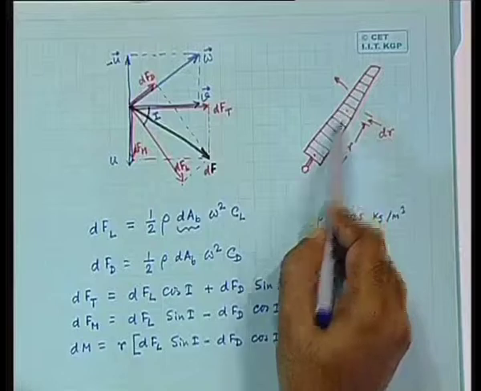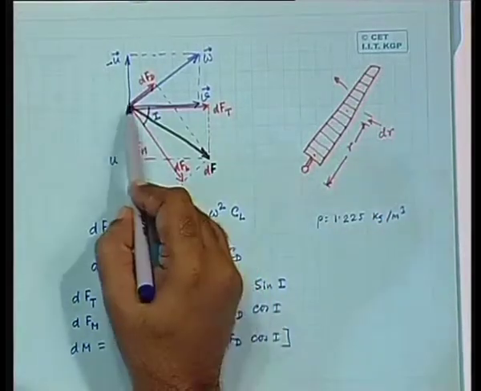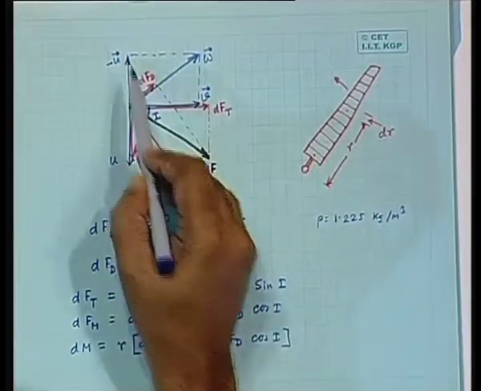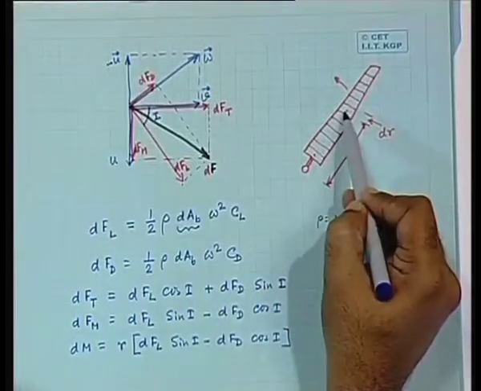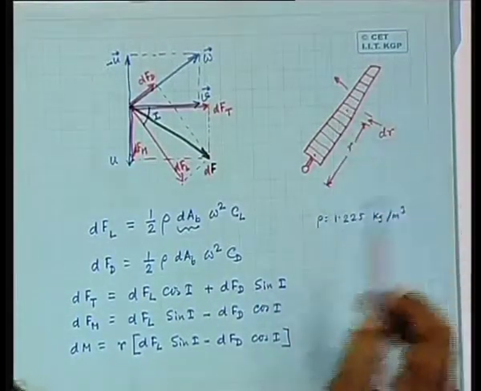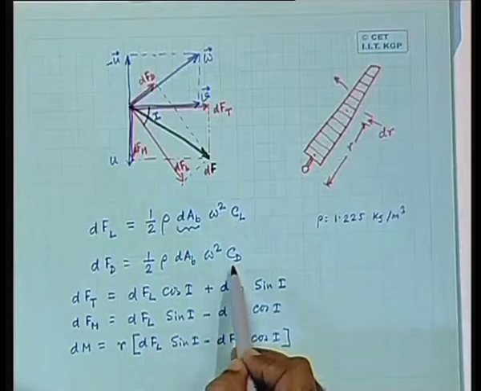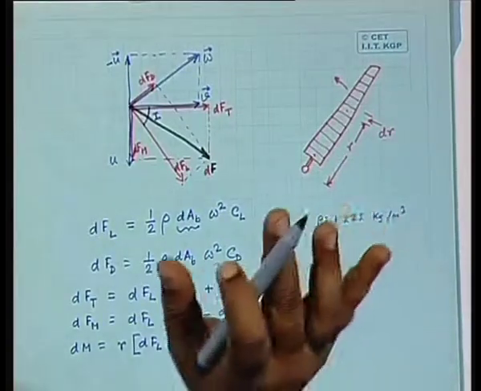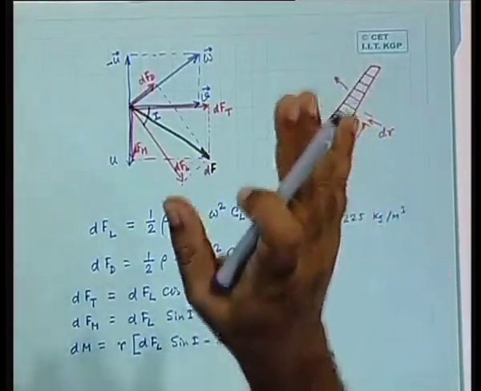Area we can measure. W square is obtained from these two. U is obtained depending on the distance. Okay, and CL, CD, these things are obtained from the airfoil characteristics that are available.